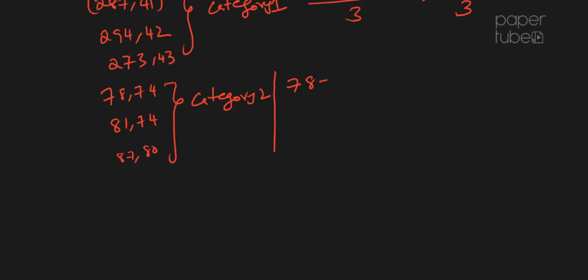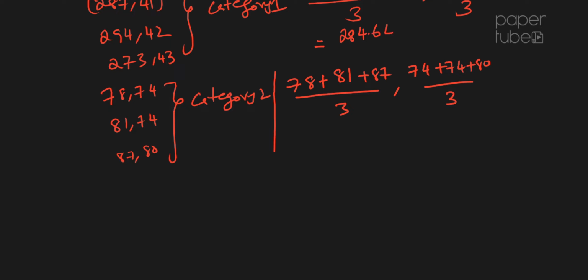That will be 78 plus 81 plus 87 by 3, comma, 74 plus 74 plus 80 by 3. So this should give the new data point that will be approximately equal to 284.64, comma, 75.95.